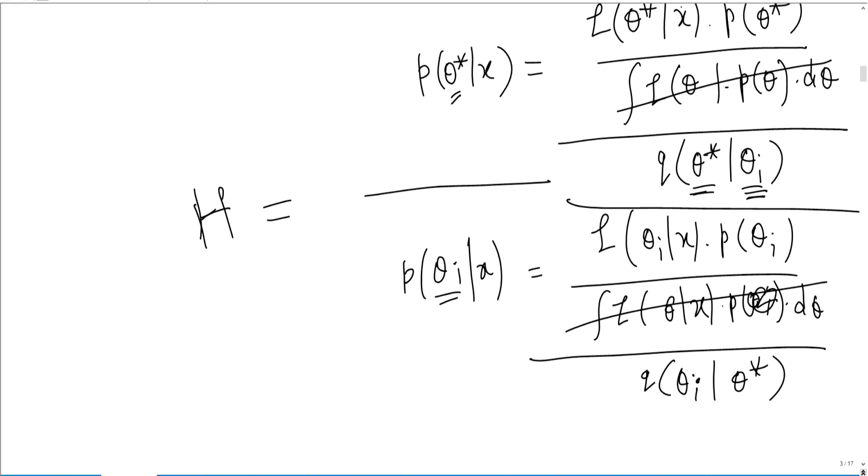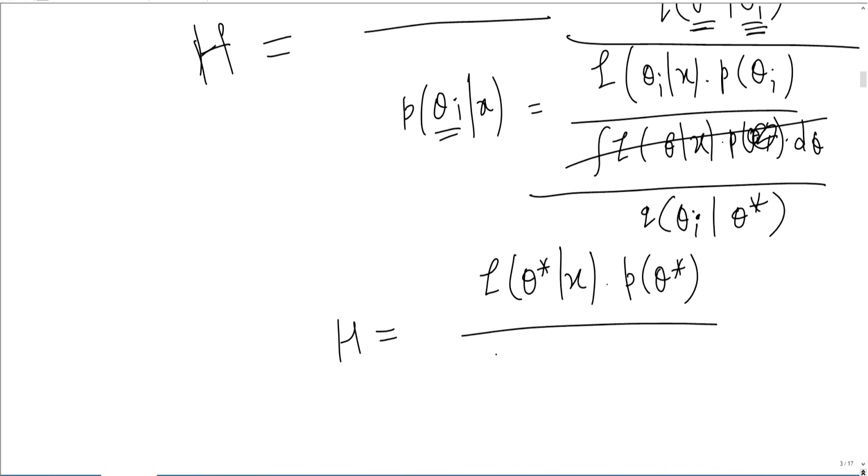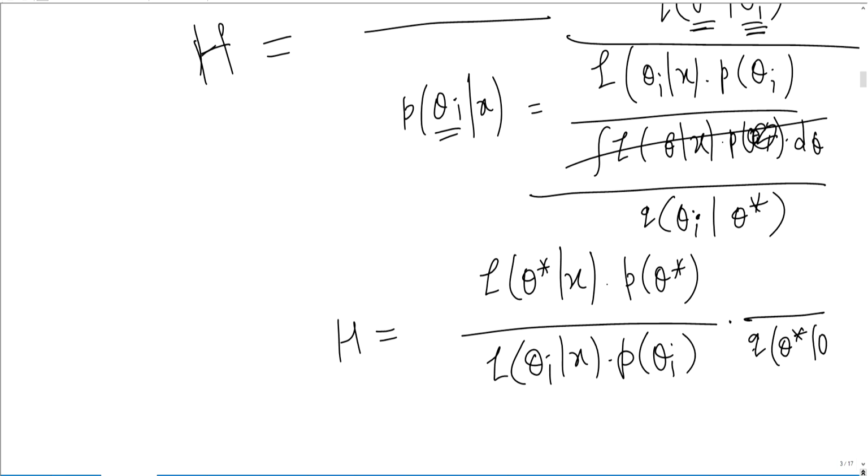So, only thing that remains in your Hastings ratio is likelihood of theta star given the data, prior density of theta star, divided by likelihood of theta I, prior density of theta I, and then the forward transition proposal density of theta star given theta I, and here proposal density of theta I given theta star.